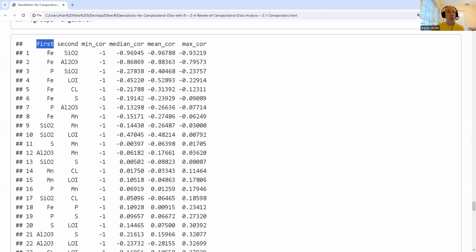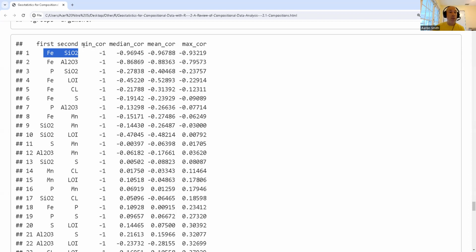Now here, you'll notice on this one, I've got -1 as the minimum value and -0.93 as the maximum value. That's pretty solid evidence that these are negatively correlated with each other in the data set. I'm pretty confident that's a negative correlation, and it's pretty substantial.